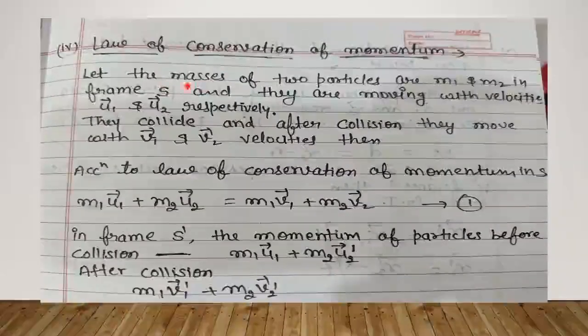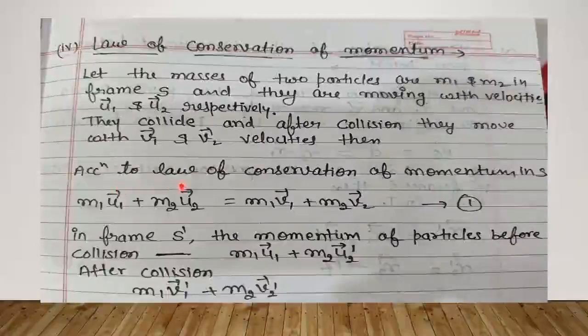Now, law of conservation of momentum. Let the masses of two particles be m1 and m2 in frame S, moving with velocities u1 and u2. They collide and after collision they move with velocities v1 and v2.